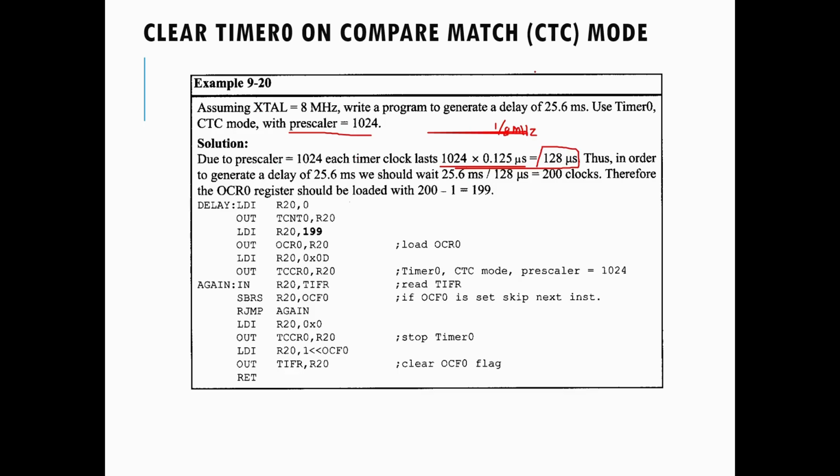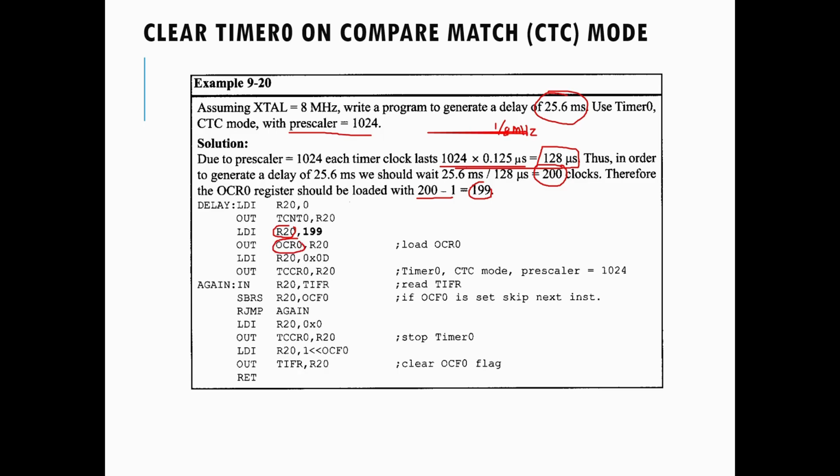In order to get the time delay given here, we should wait for 200 clocks. So the OCR register should be loaded with 200 minus 1, because of the reset, the clear time. So you need to minus 1.